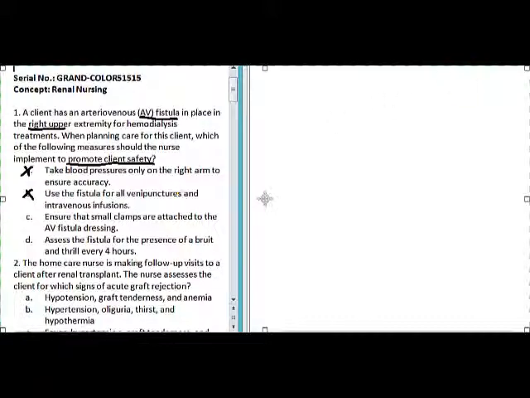Okay, so the answer here will be D. Remember that when your patient has an AV fistula, you always assess for bruit and thrill. Bruit is auscultated, while thrill is palpated.